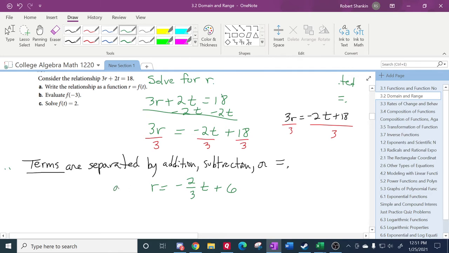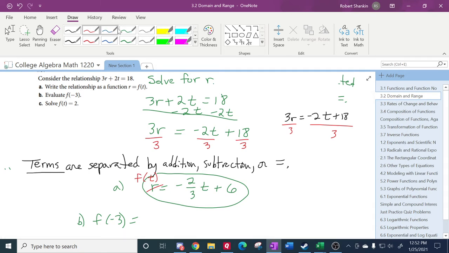And then for part B, I now do f of negative 3. So this is implying that this is called f of t. R equals, that's function notation. So the r could be replacing f of t.